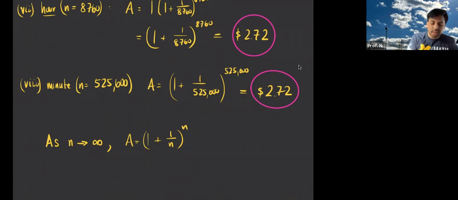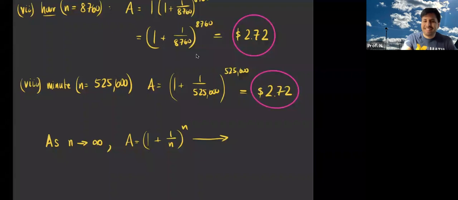You know what this approaches, guys? It's not 2.72. We're rounding it every time. Anybody have a wild guess? Maybe someone has seen this before. But guess what this approaches, guys? e.